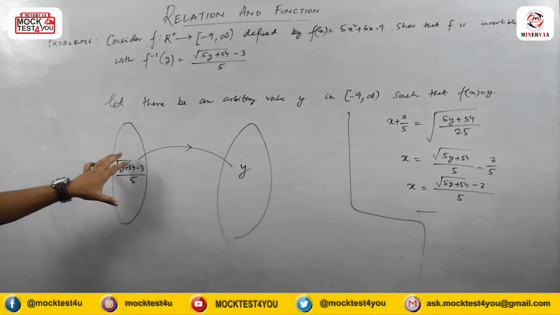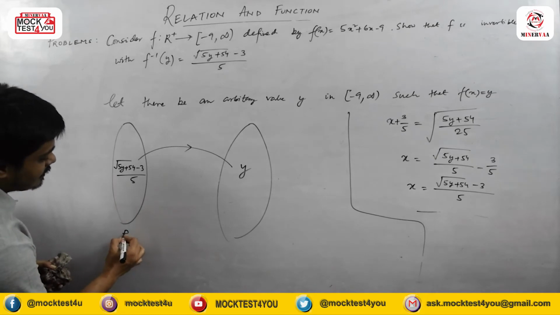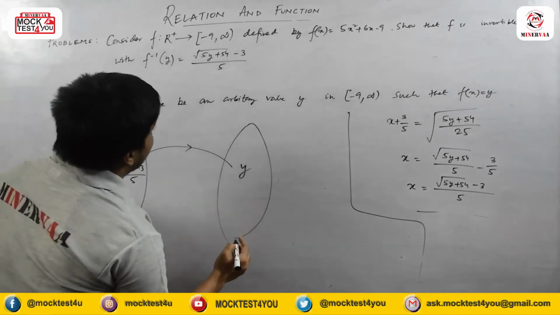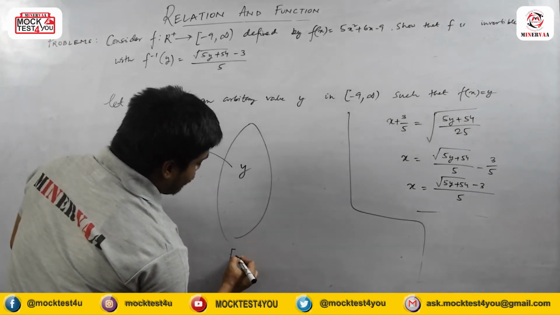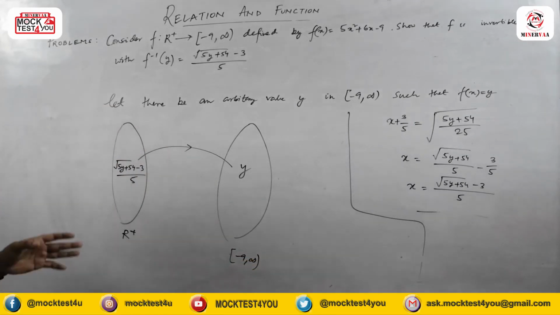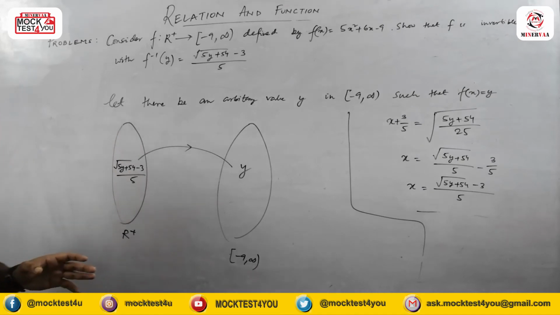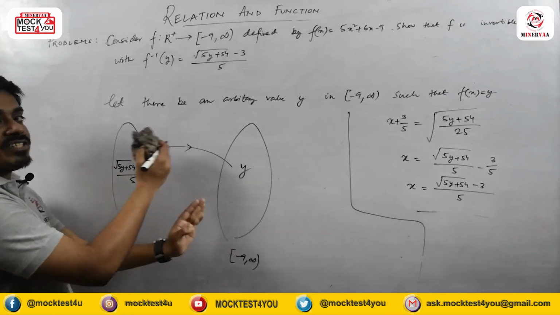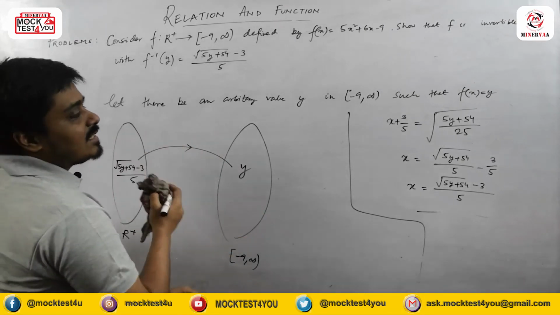So this element in our plus has the image y in our minus 9 to infinity. Now in order to find the inverse of this function, I need to switch this.